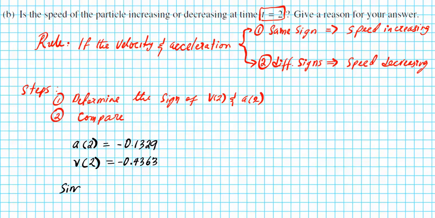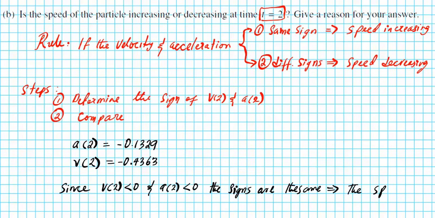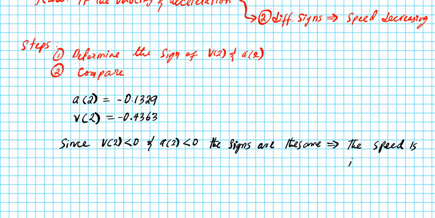So since velocity at 2 is less than 0 and the acceleration at t equals 2 is also less than 0, the signs are the same, which implies that the speed is increasing.